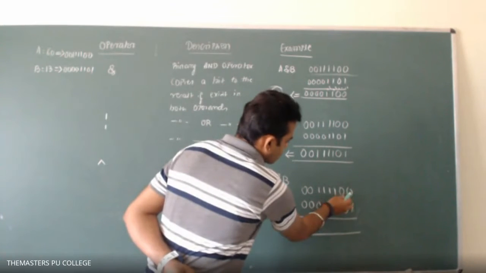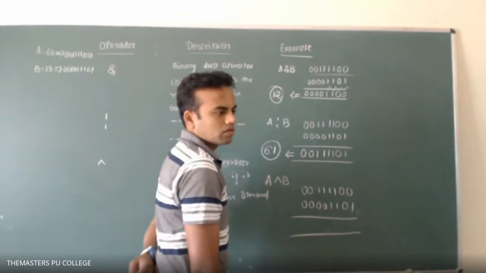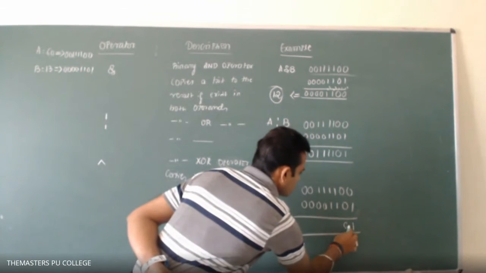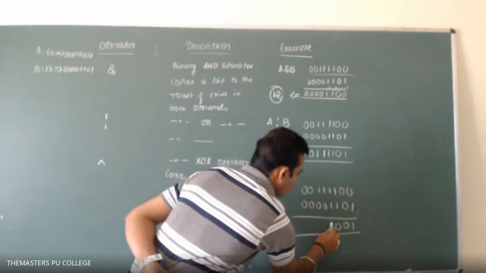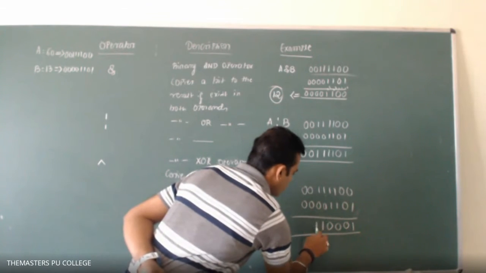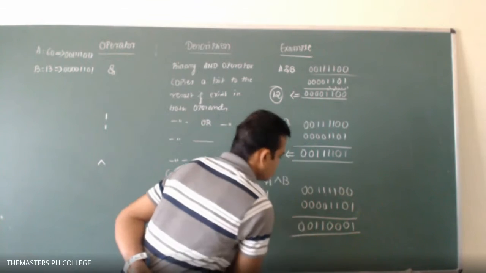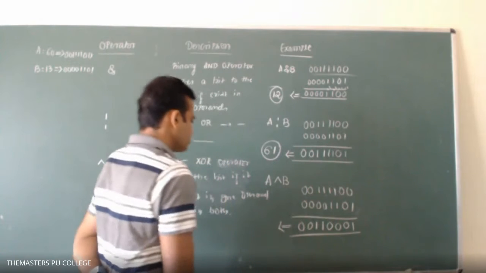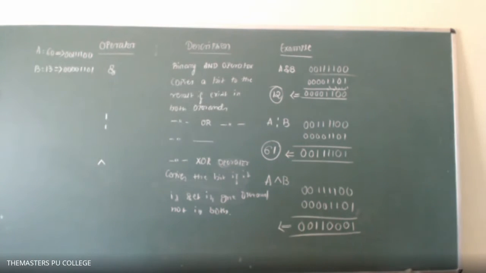See, 0 1 combination returns 1. 0 0 returns 0. 1 1 returns 0. 1 1 returns 0. 1 0 combination returns 1, again 1. Here 0, 0 0. What is its decimal equivalent? 49, sir. Very good.